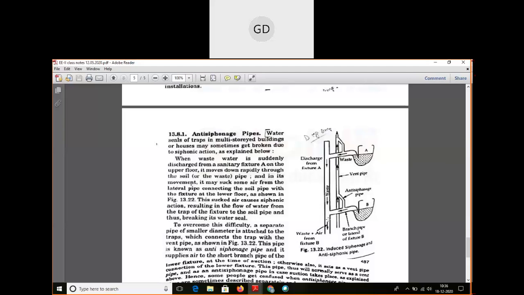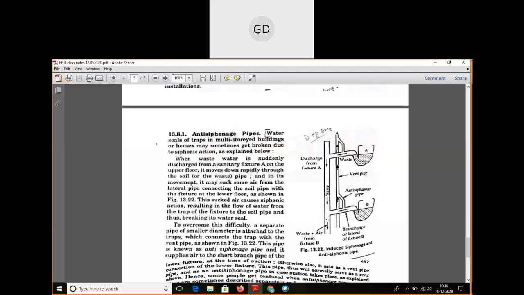This sucked air causes siphonic action, and this results in the flow of water from the trap of the fixture to the soil pipe, thus breaking its water seal. This is how a water seal breaks.